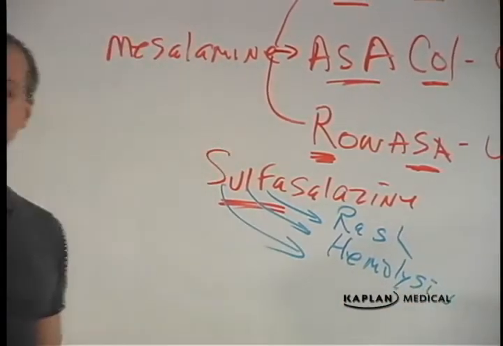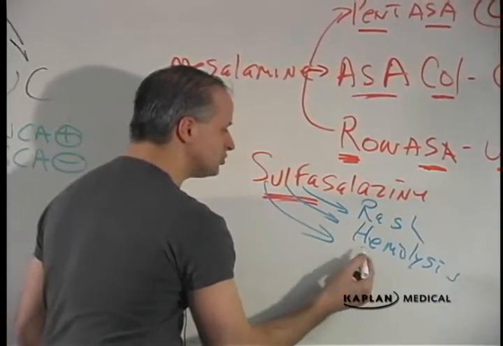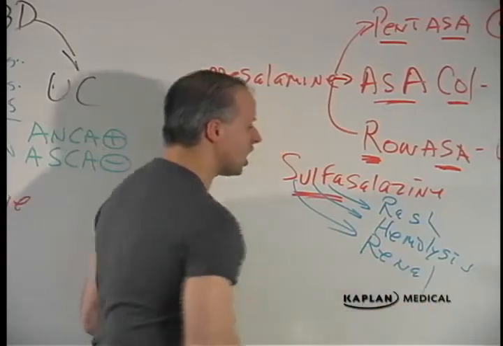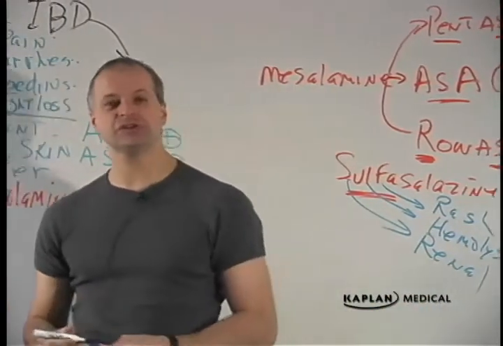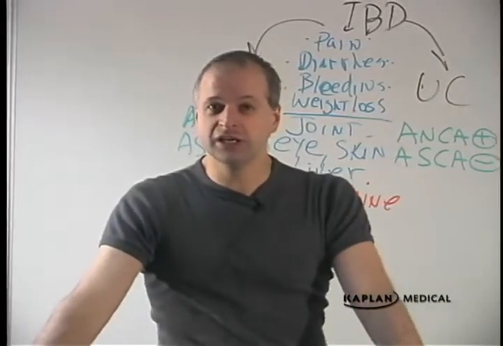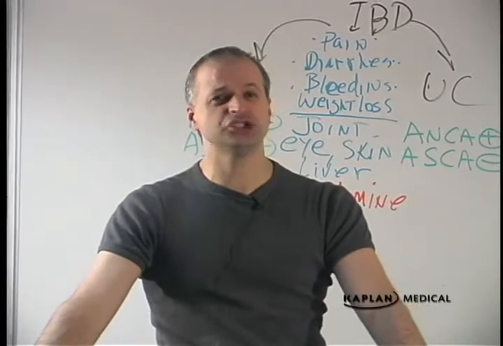Sulfa also causes renal problems, allergic interstitial nephritis. The only reason to take sulfasalazine is if somebody says, I'd like to pee some eosinophils today.